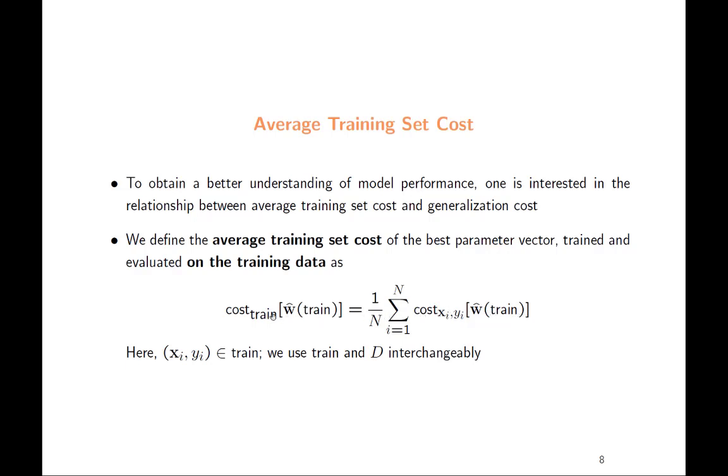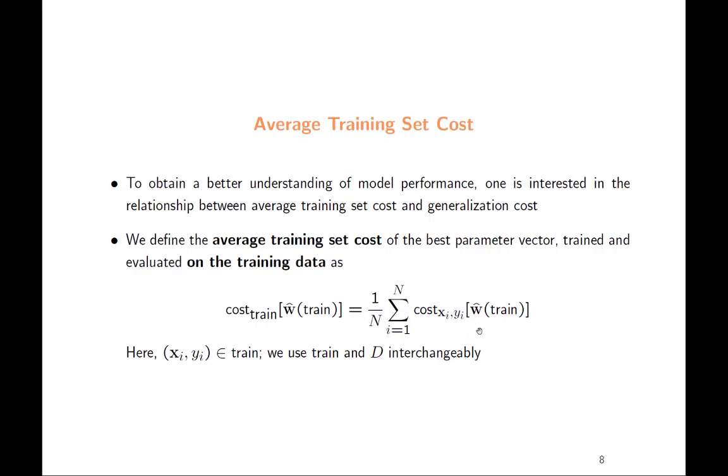Sorry, this is not an average over training, this is the evaluation of our best parameters evaluated on the training data. So this is what we could call the training error. That's the example I said before.